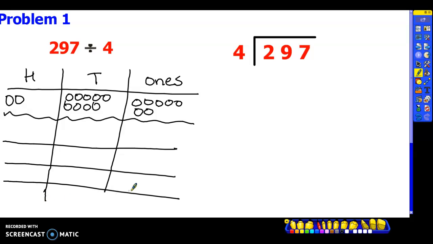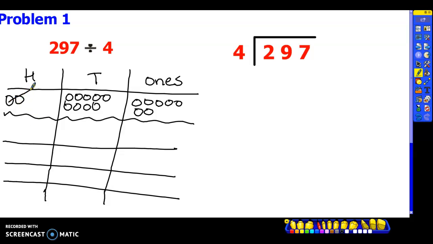Okay, so 4 groups. Well, when I go to my hundreds, I don't have enough. I don't have a group of 4. Okay, so if I don't have enough in my hundreds place, well, I'm going to end up renaming them.